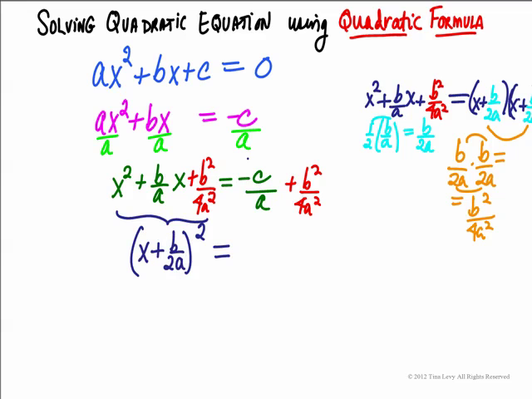And now what I need to do is add these two fractions. To add these, I have to make it a 4a squared. So I have a 4a from both. So right here, I have negative 4ac over 4a squared plus b squared over 4a squared.